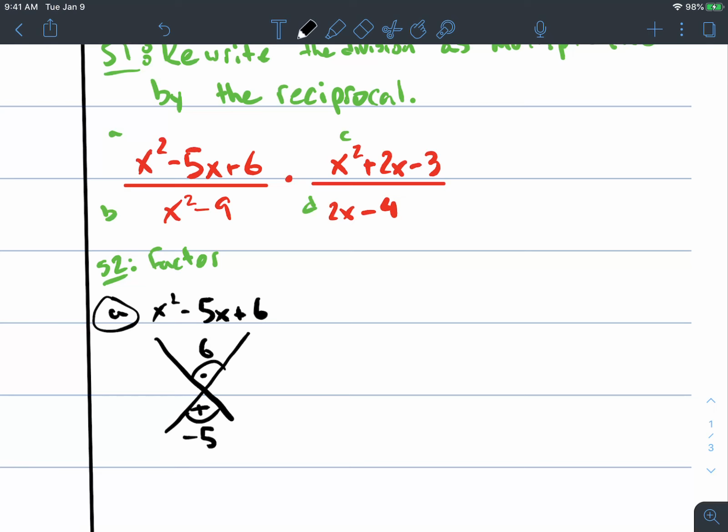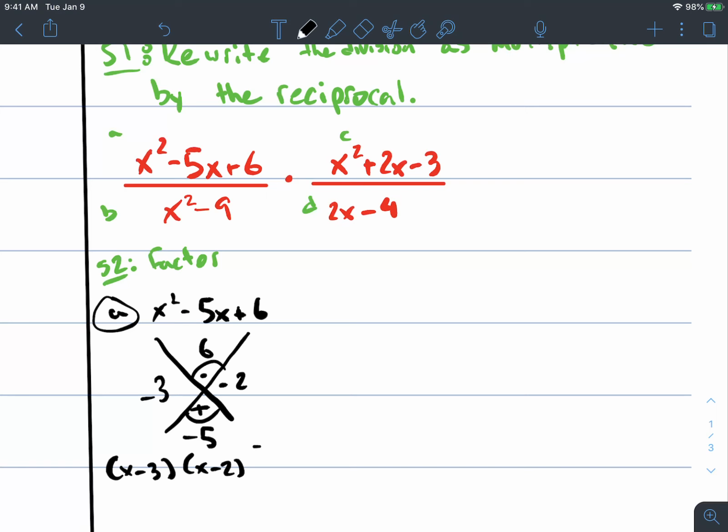The factors of 6 are 3 and 2, and since the last term is positive, both numbers have to be negative. So when we factor this, we're going to have x minus 3 times x minus 2.